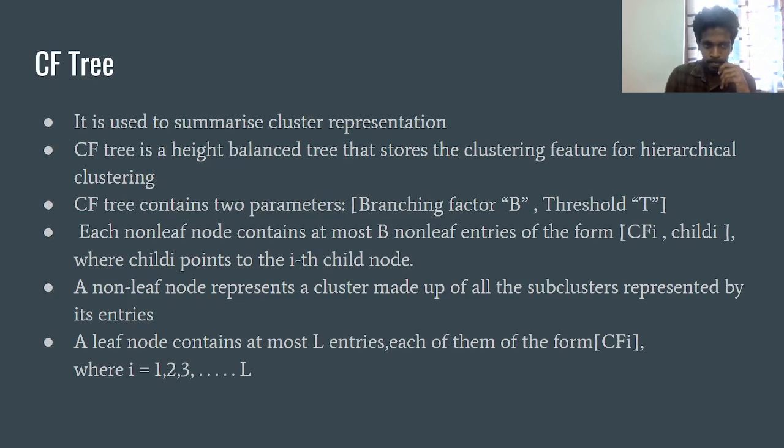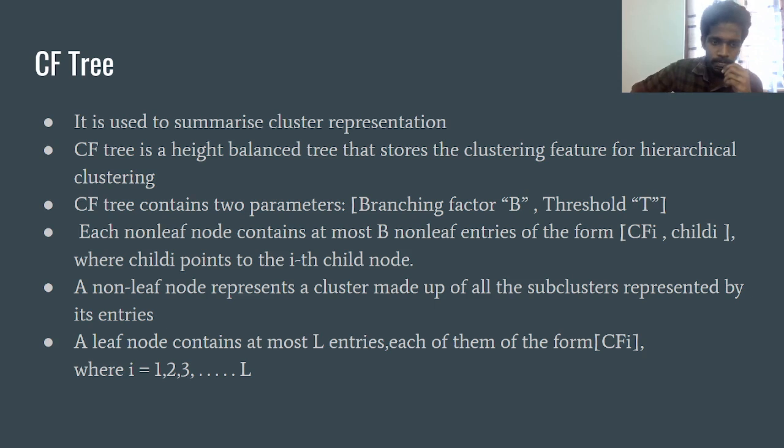Let's talk about the CF tree. It is used to summarize cluster representation. A CF tree is a height balanced tree that stores the clustering features for hierarchical clustering. A CF tree contains two parameters, the branching factor B and the threshold T, which are very important and will come up later. Each non-leaf node contains at most B entries of the form CFi and child i, where child i points to the ith child node.